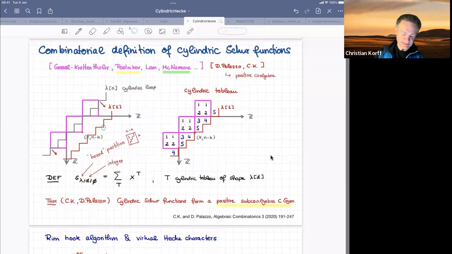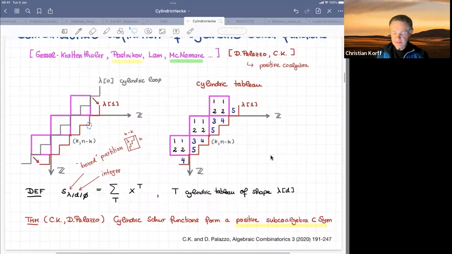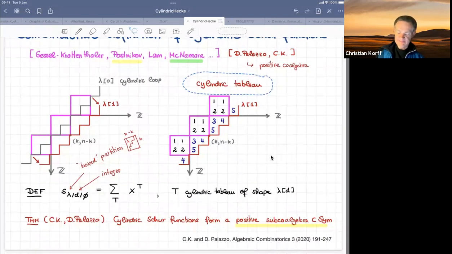For instance, you see this red line here, which I'm now wiggling around. If I put this here on the gray line, you see that this is precisely the cylindric loop I started out with. But under a translation of the affine symmetric group, you shift this diagonally in the 1 + 1 direction, and you see that you get a bigger cylindric shape. You start filling this bigger cylindric shape in order to get a cylindric tableau. These cylindric tableaux now have more constraints than your original tableau, which was just in these bounding boxes, because of the overlap.